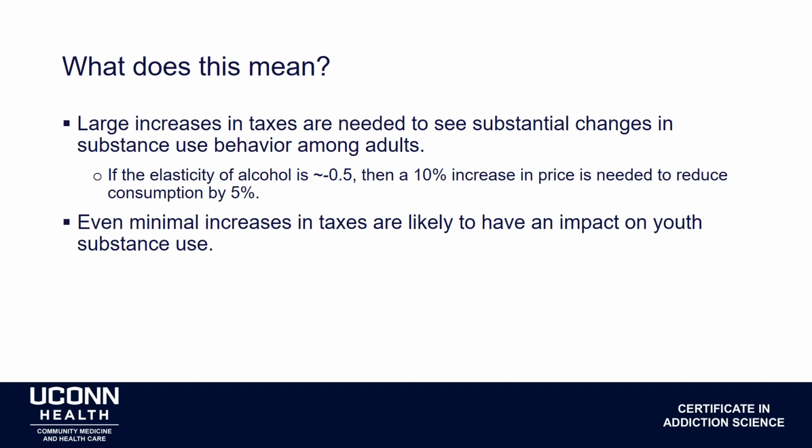Now, in the real world, the price elasticity is actually even lower, or in this case higher, I guess. It's about negative 0.1 to negative 0.4. So we may have to increase the price by 20, 30, 40% to see a reduced consumption by 5 or 10%. So we do need relatively large increases to actually have public health impact.